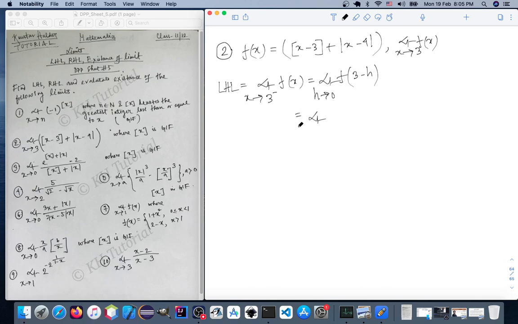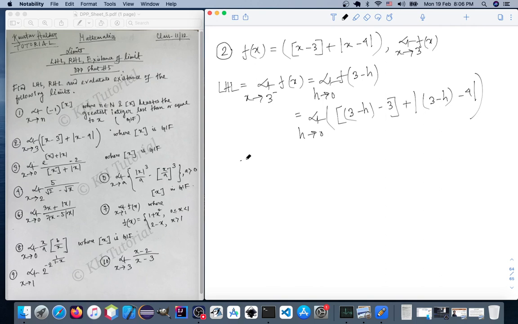This equals limit h tending to 0 of box of (3 minus h minus 3) plus mod of (3 minus h minus 4).